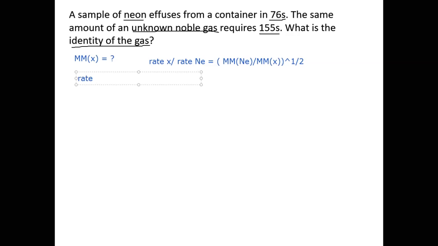So rate of X is 1 divided by 155. Notice that the rate of the unknown gas is lower than the rate of the neon gas, which tells you that the unknown gas is going to be heavier than neon.